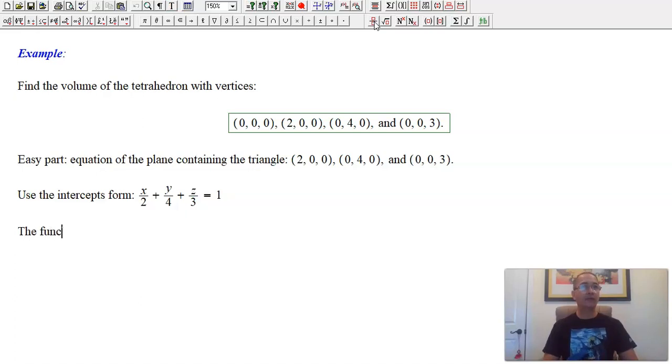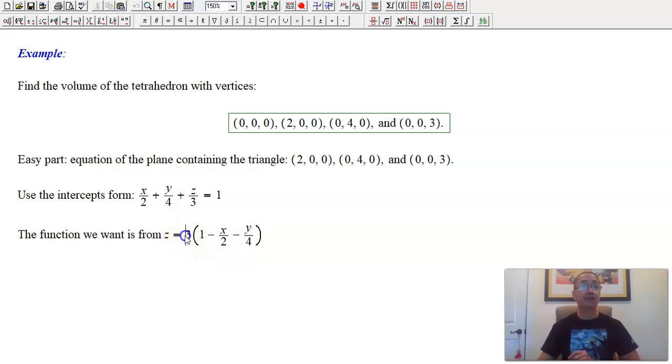So the function we want is z. How do we get z? Isolate z: bring x and y to the right, and then multiply everything by 3. So when we do that, bring x and y to the right, minus x over 2 and minus y over 4. And then we multiply that whole thing by 3.